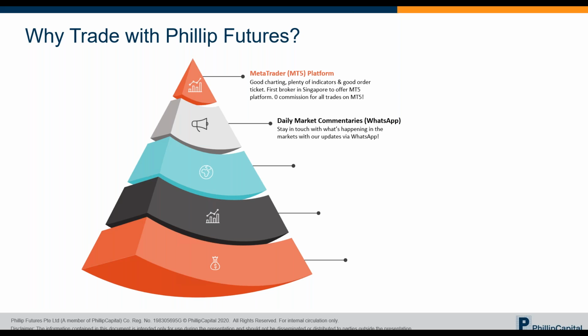I believe everyone mostly is on their mobiles right now, so you can get on-the-go news on WhatsApp as well. Phillip Futures has also been around for more than 30 years now, and we are one of the founding clearing members of SGX Derivatives Trading. As a regulated broker in Singapore, we are also regulated by MAS. So if you're looking for a local broker which is safe and trustable, you can consider trading with Phillip Futures.